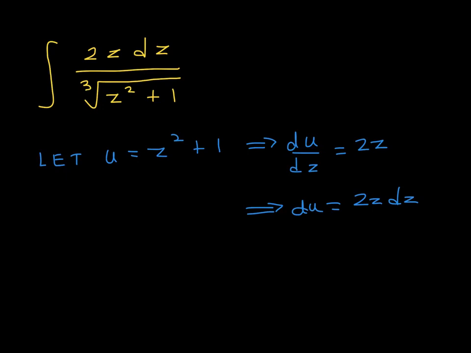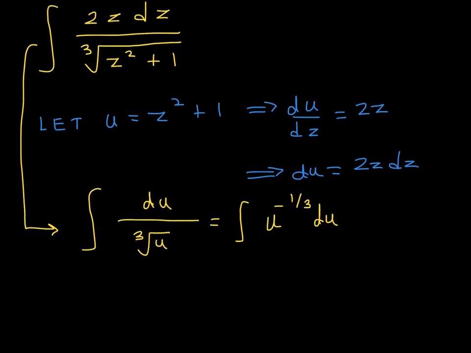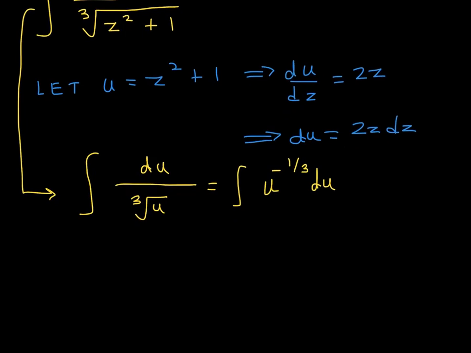So then this turns into the integral of du in the numerator, and then this is the cube root of u, which is the integral of u to the negative 1/3 du. So then this wasn't too bad, right?